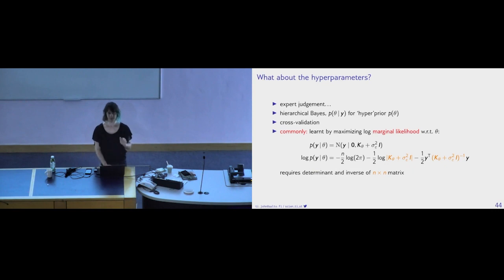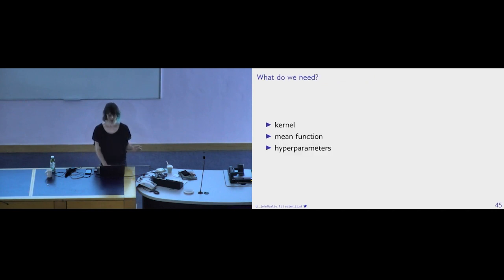To summarize, what do we need for Gaussian process regression? We need a kernel and a mean function that define our prior, and some hyperparameters for those kernels and mean functions. What I want you to remember is that the kernel does not have to be a Gaussian kernel. For the mean function, often people just say we assume a zero mean prior. That's a reasonable assumption if you've normalized your data so that your training observations have zero mean.